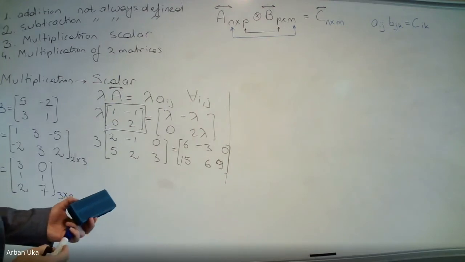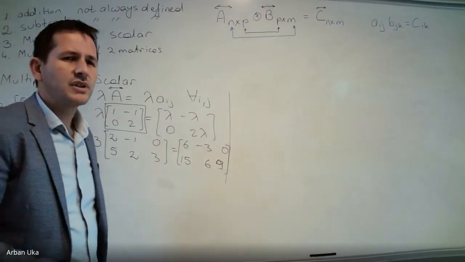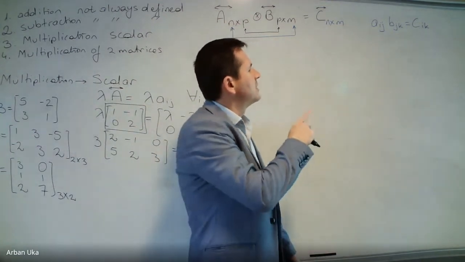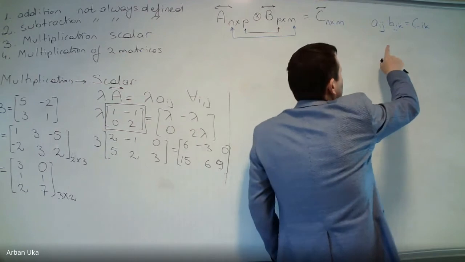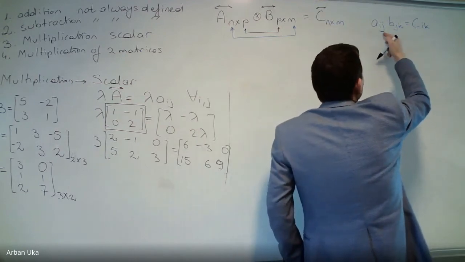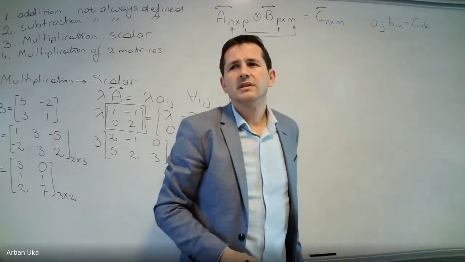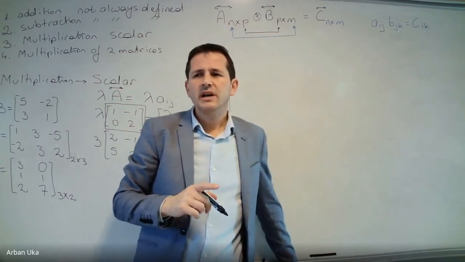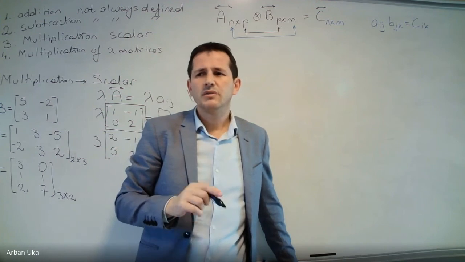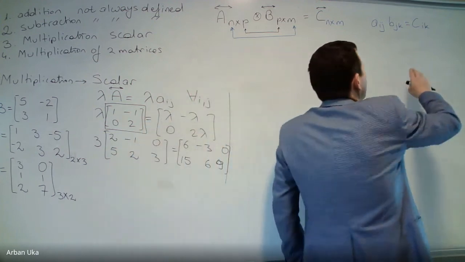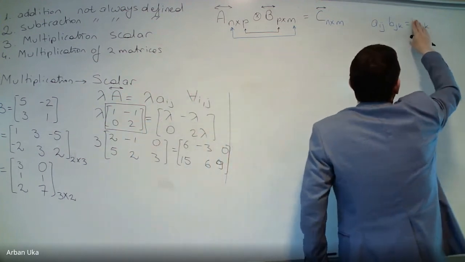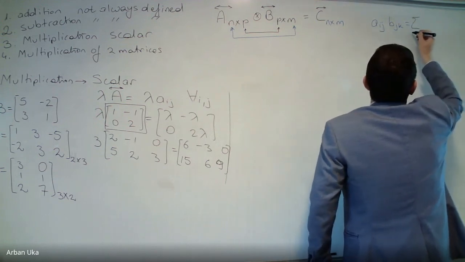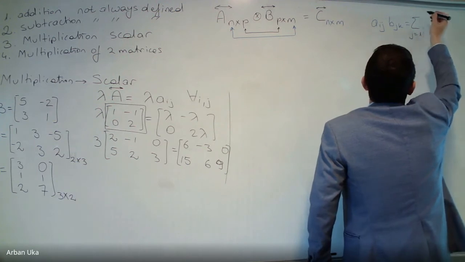Now, one little notation which is very often used in several linear algebra textbooks: whenever you see one parameter repeated twice, this is a summation. So if you see Aij times Bjk, instead of multiplying two numbers, it's going to be the summation over j from 1 to whatever number it can be.